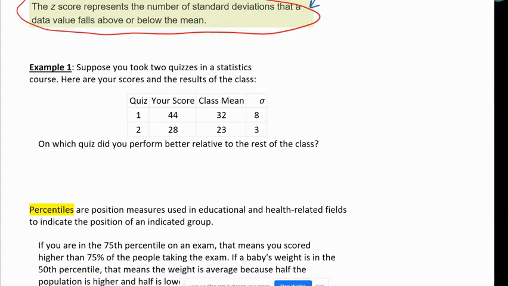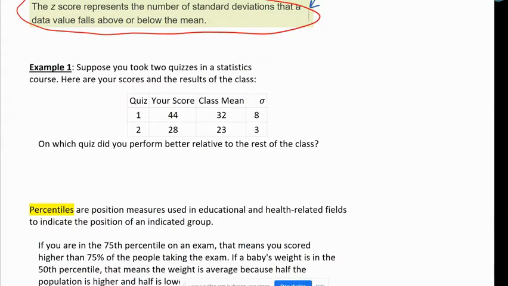And for the second quiz, it was 3. And so we want to know on which quiz did we perform better. I mean, obviously, a 44 is a higher score than 28. But relative to the mean, that is not necessarily the case. So we want to compare our score to the class and use that as a determination of on which quiz we did better relative to the rest of the class.